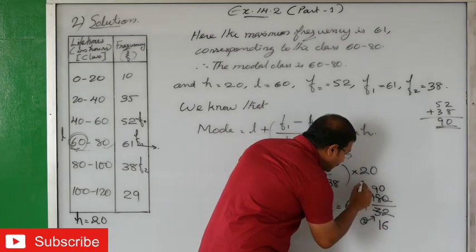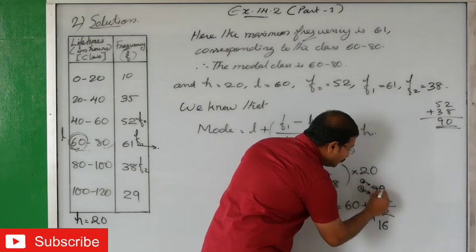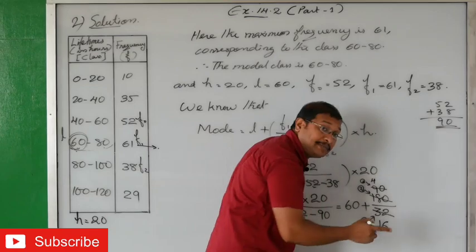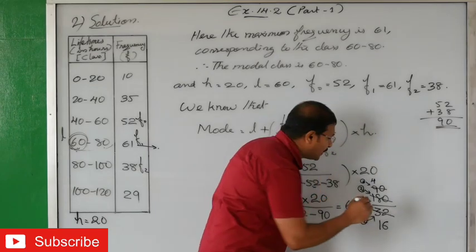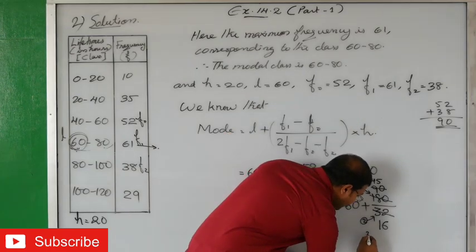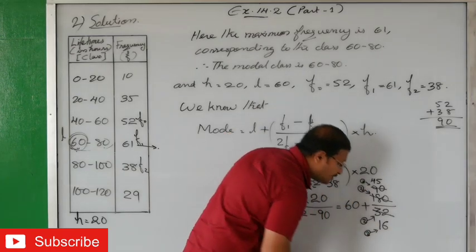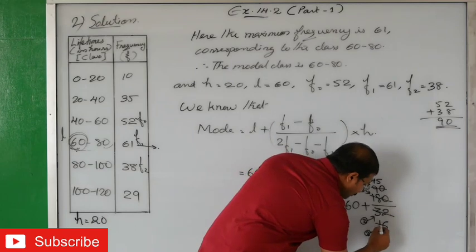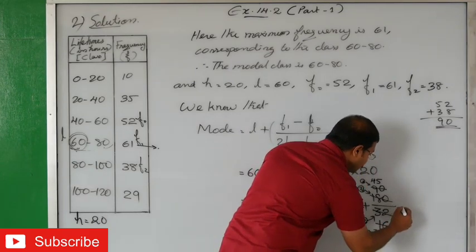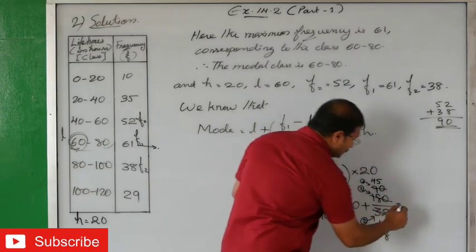Again we can cancel by 2. 2 4s are 8. From 9 we took 8. Balance is 1. 1 means 10. 10 means 2 5s are 10. Same way we have to cancel in the denominator by 2. 2 8s are 16. So we got it now.